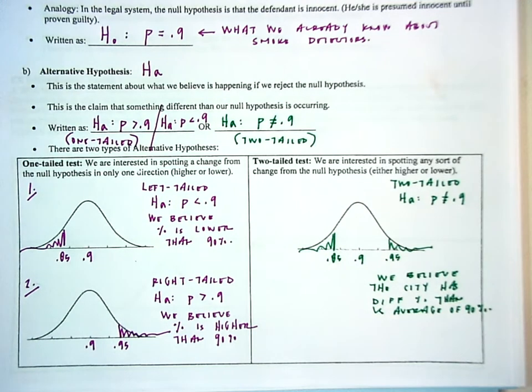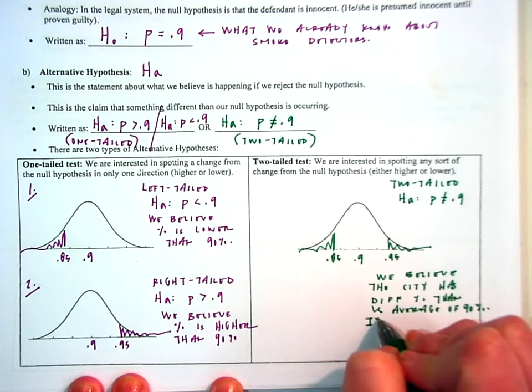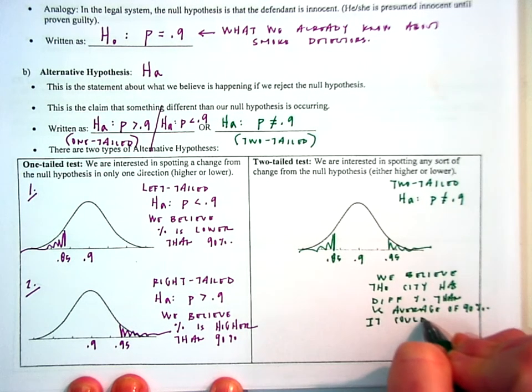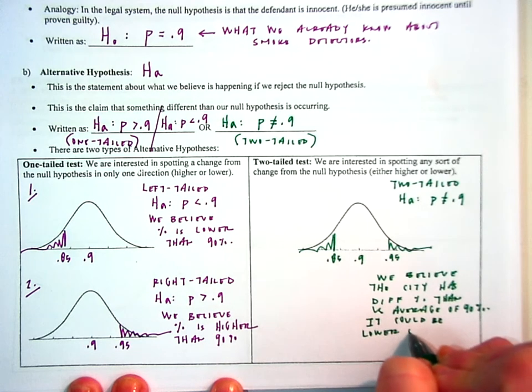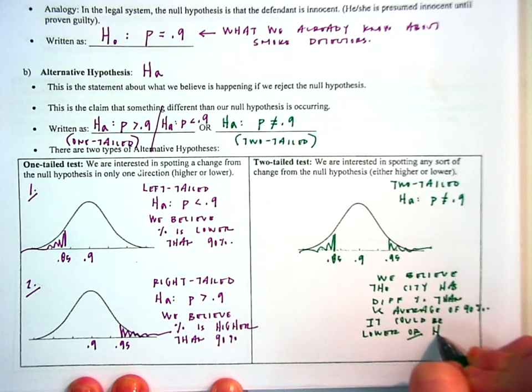Okay, and what has to be super clear here that makes it stand apart from the one-tailed test is that it could be lower or higher. There's no indication of the directionality. So it could be lower or higher.